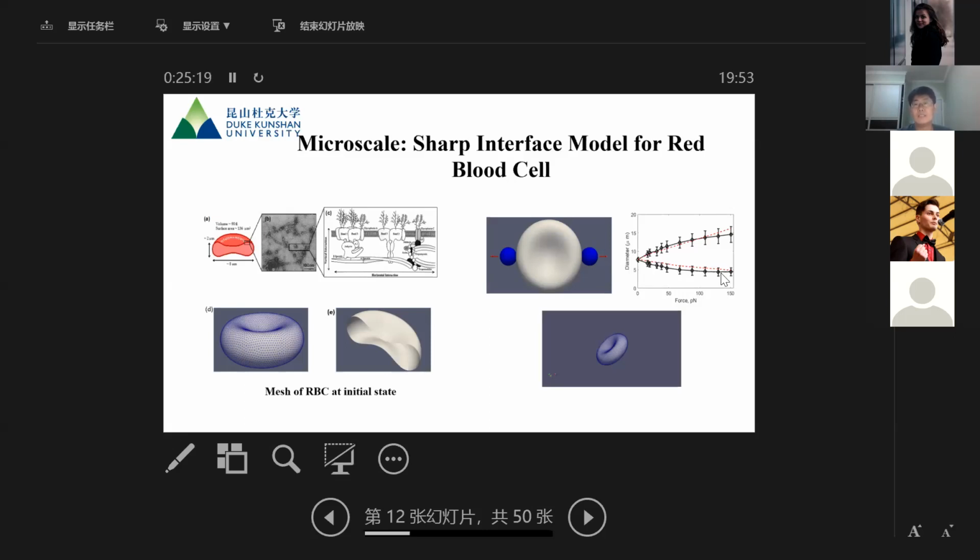The red dashed line is my simulation result. Again, they agree with each other quite well. This is a movie showing the deformation of the red blood cell under a stretching force of 90 piconewtons. It's a very, very small force. You can see that the red blood cell is stretching in the direction where the force is applied, and shrinking in the perpendicular direction.